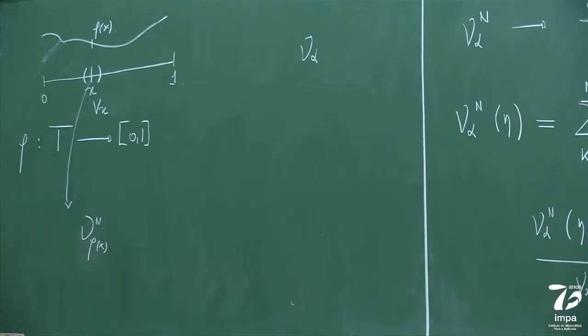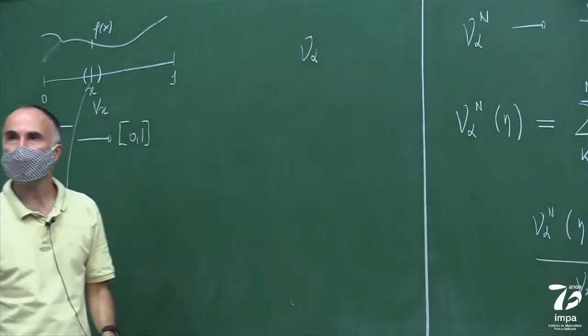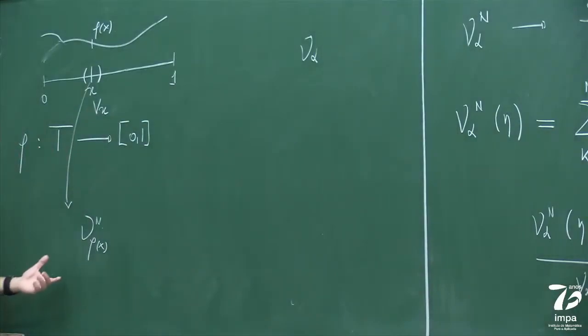Okay. So I would like to introduce in my model these states, which I will call local equilibrium states. So I have the equilibrium states, which are nu alpha or the uniform measure. But now I'm introducing the local equilibrium states. Local, why?